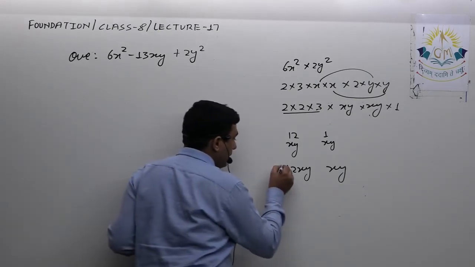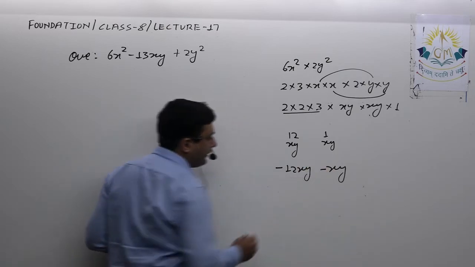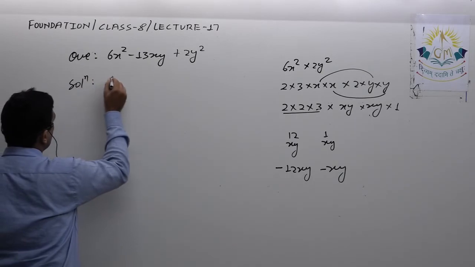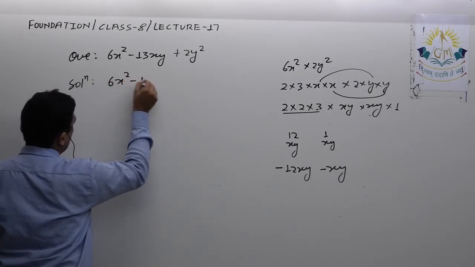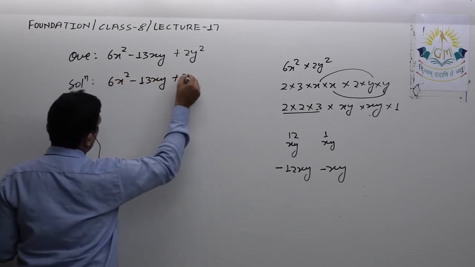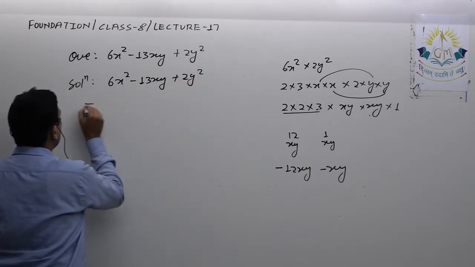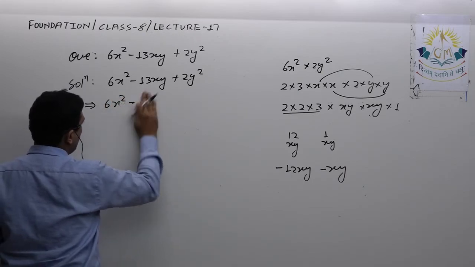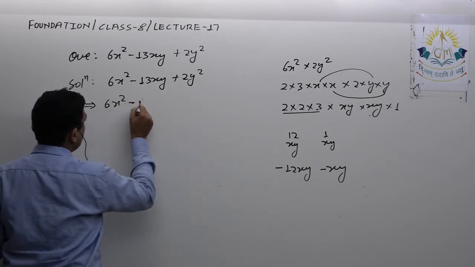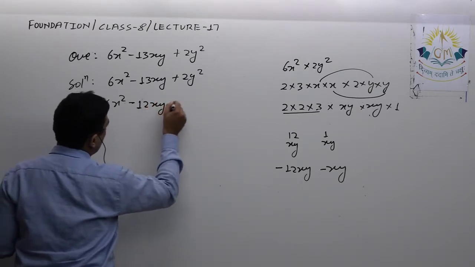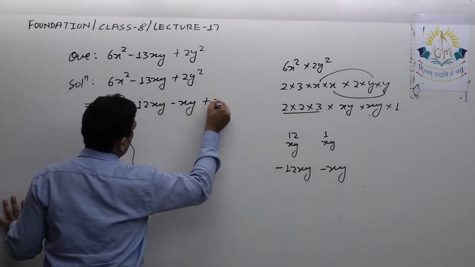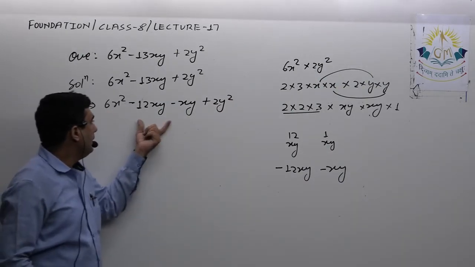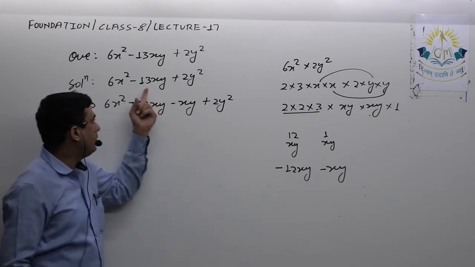So I will go with minus 12xy minus xy. So here the expression 6x square minus 13xy plus 2y square, I write as 6x square minus 12xy minus xy plus 2y square. Now you can see this minus 12xy minus xy gives you minus 13xy.